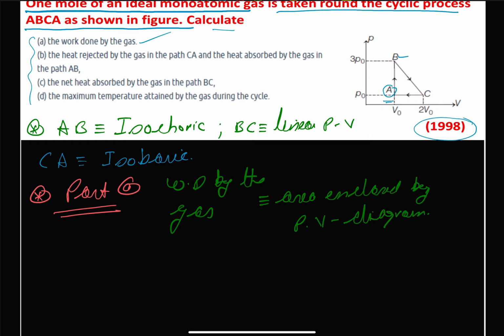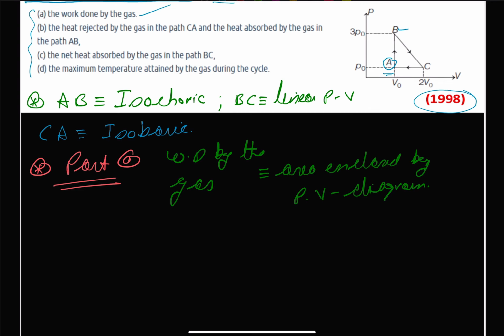And this is our right angle triangle. Therefore we can write our base, that is from C to A, and this will be 2 V0 minus V0, giving us V0.